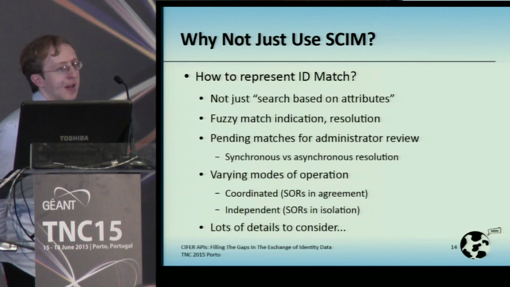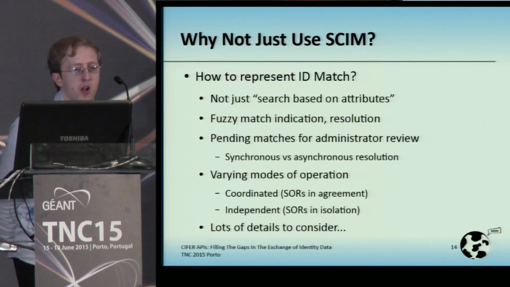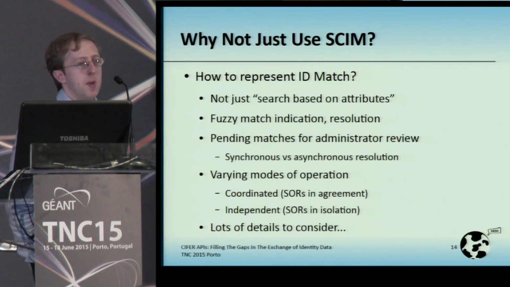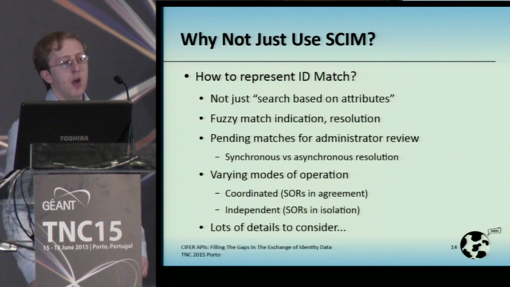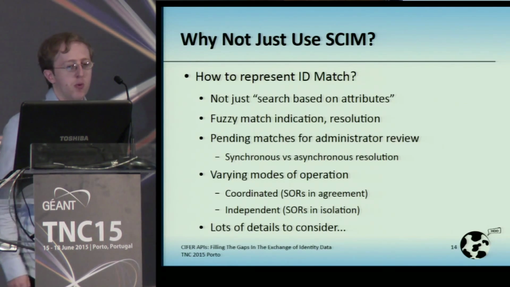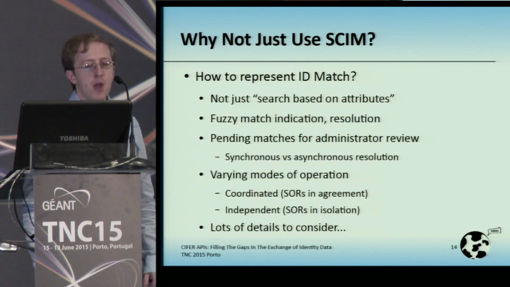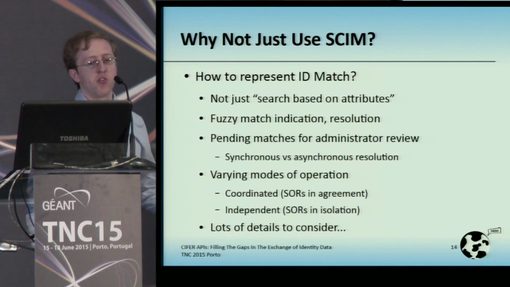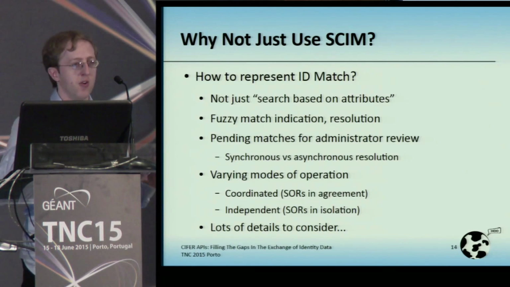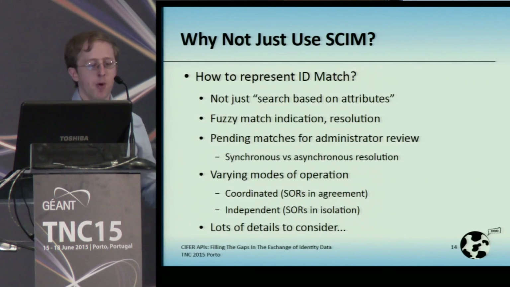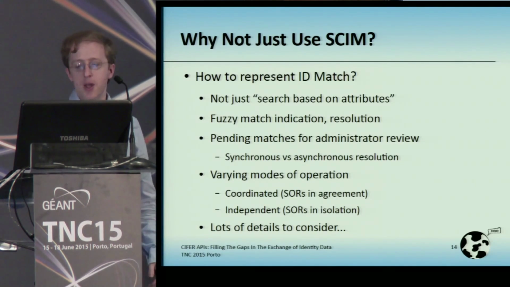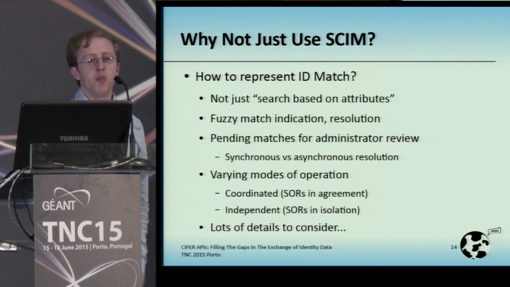So for example, in the identity match space, we're not just searching based on attributes. We need to be able to convey different types of fuzzy matches and other potential resolutions. We need to be able to convey matches for administrator review. There are different ways that an identity match service can be implemented, whether it's coordinated or independent, and a bunch of other details that don't fit on the slide. So that pushed us away from SCIM for a while.